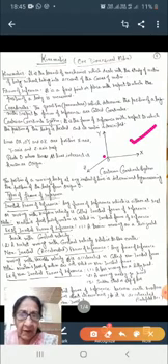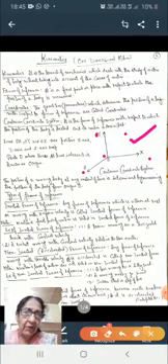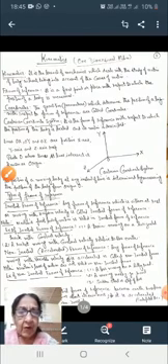So if I am taking here this point P, in order to represent this point P, 3 coordinates are required. Means we are taking the position of this particle, this point, with respect to x-axis, with respect to y-axis, and with respect to z-axis.